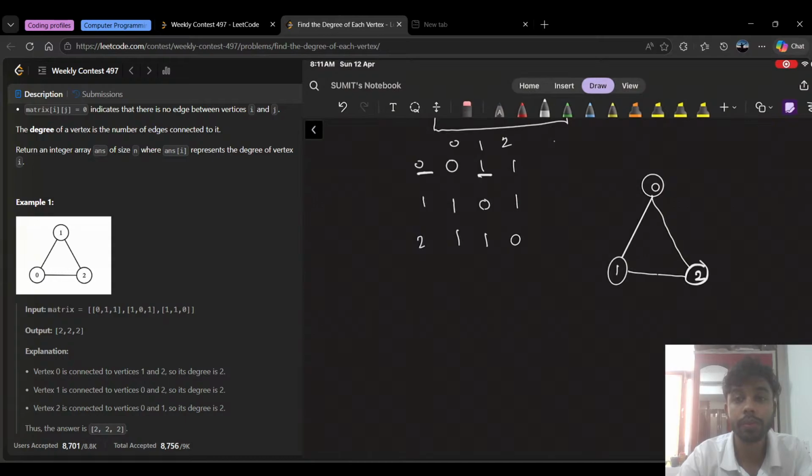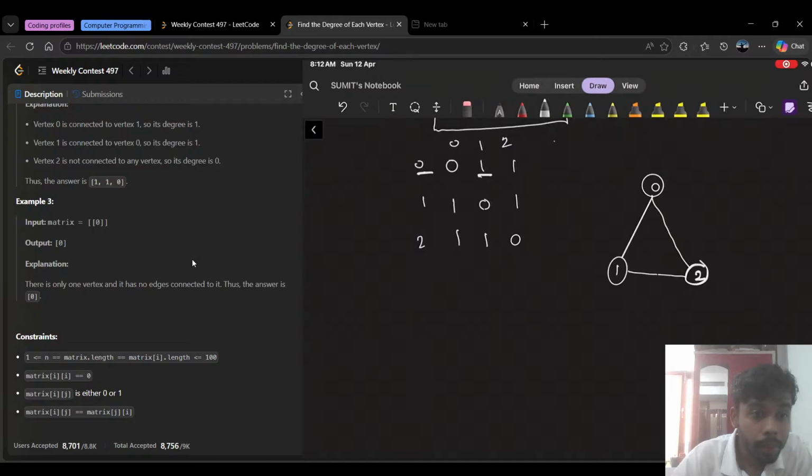So vector of int, return vector of int. Okay, result and yeah, for auto row in matrix, for int i equal to 0, i less than... no. So basically we have to find the outer degree of every node, right?